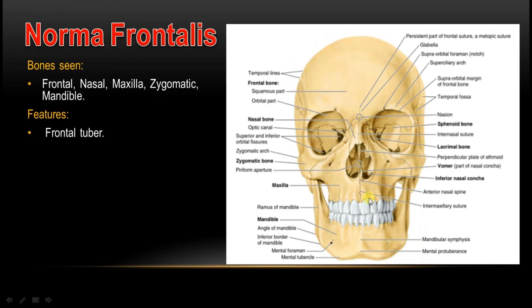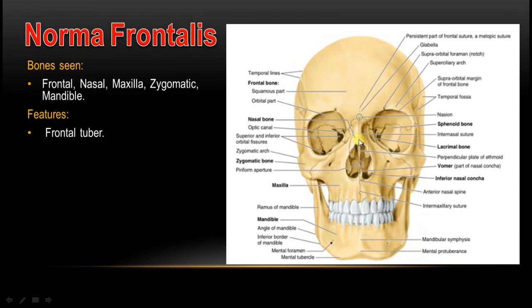Body of the maxilla, and then the alveolar process, zygomatic process, frontal process, and the palatine process. The palatine process can be viewed on the inferior surface. The body has a large air-filled space which is called the maxillary air sinus. So it is an example of a pneumatic bone.